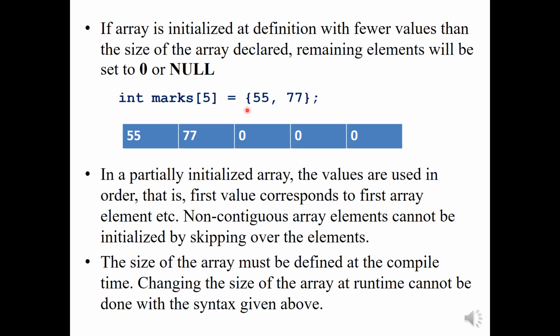I cannot say 55 comma blank comma 77, where I mean that this should be 55, this should be 0, this should be 77. No, that is not allowed. I will have to say 55 comma 0 comma 77 if I want that particular element to be 0.